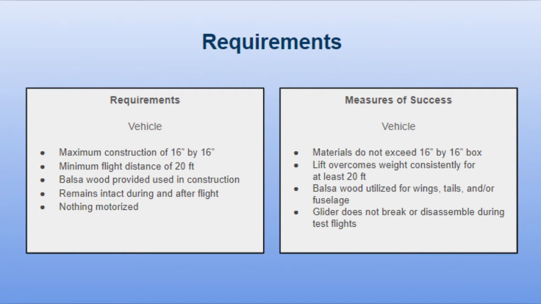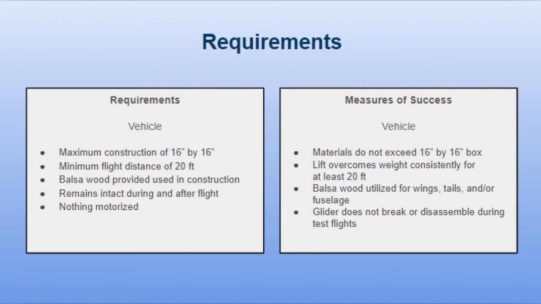For the vehicle requirements, I considered that the vehicle construction had to be 16 by 16 inches. It had to be a minimum flight distance of 20 feet, and it was supposed to be built by balsa wood, although this wasn't a strict requirement, and it needed to remain intact during flight and be hand thrown and have nothing motorized.